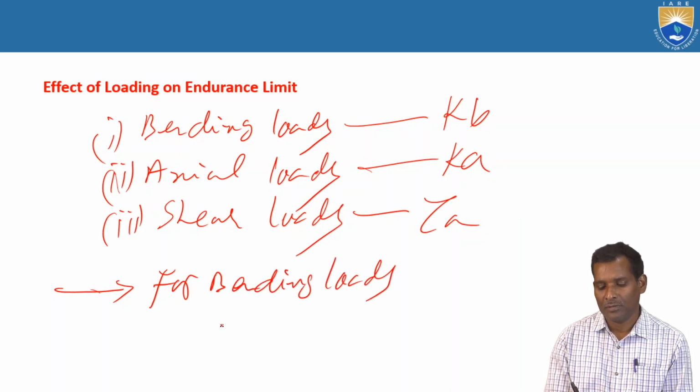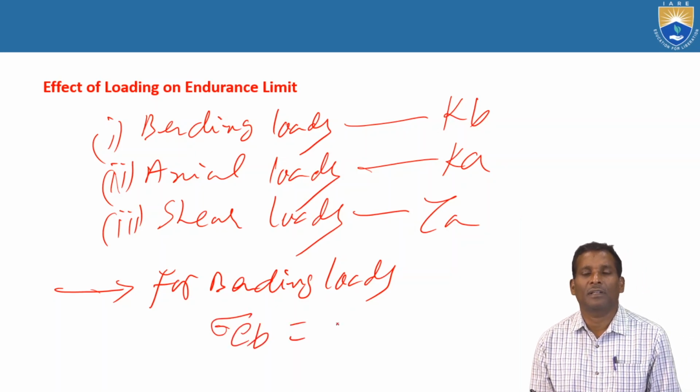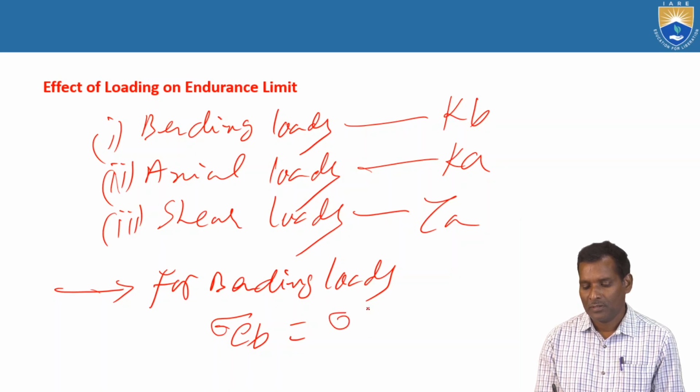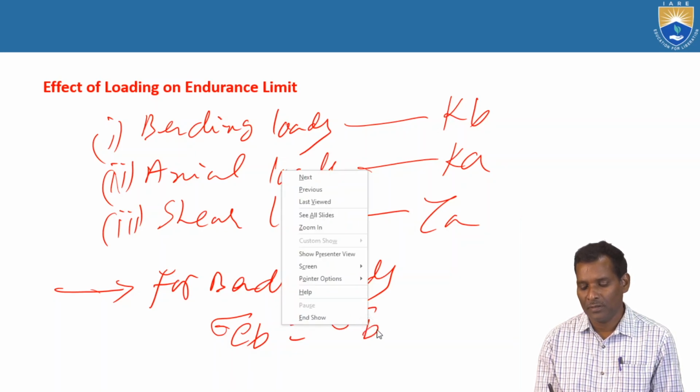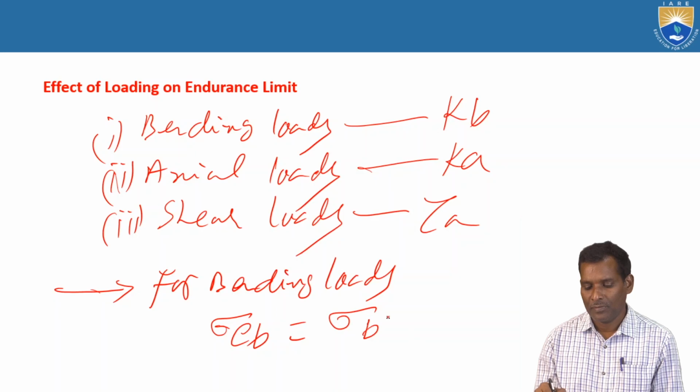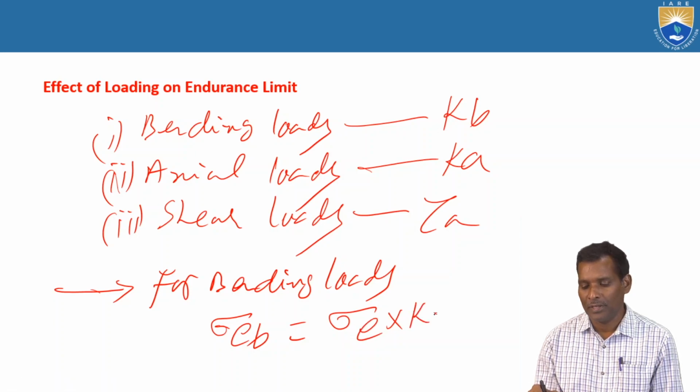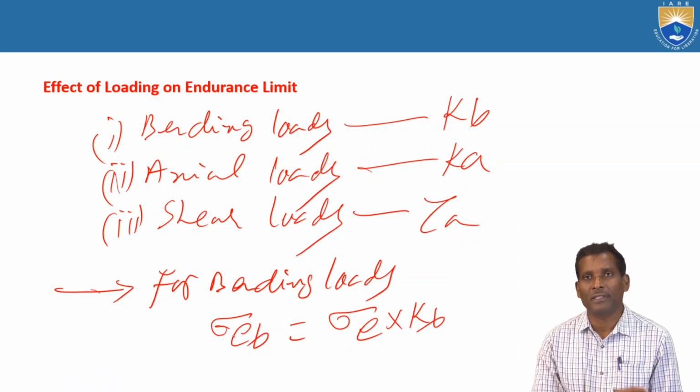For bending loads, sigma EB, the endurance limit under bending load, is sigma E multiplied with KB, and you will get the bending load endurance limit.